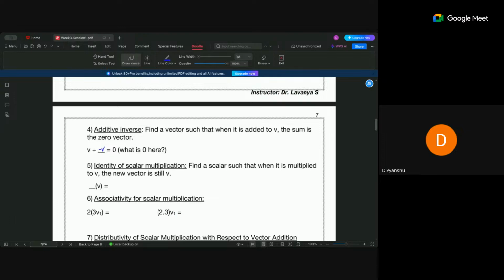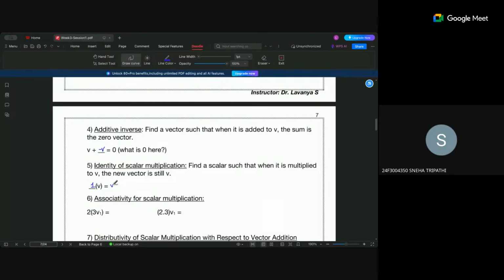Ma'am, in this case, every minus V would be unique, right, ma'am? For every vector, yes. Now the same question comes to scalar multiplication. Find a scalar such that when it is multiplied to V, the new vector is still V. 1. And this is the identity of scalar multiplication.